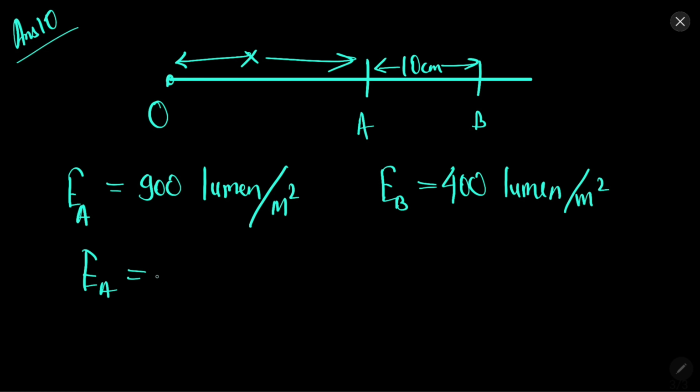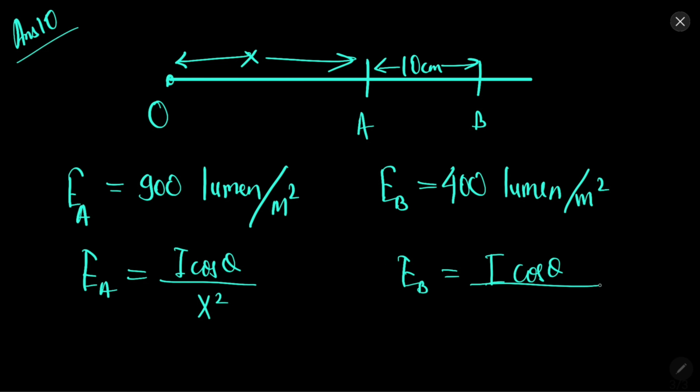Now EA is equal to, we know that I cos theta over x square, distance square, and EB will be equal to I cos theta. Here it will be x plus 10 whole square, because its distance from origin is x plus 10.